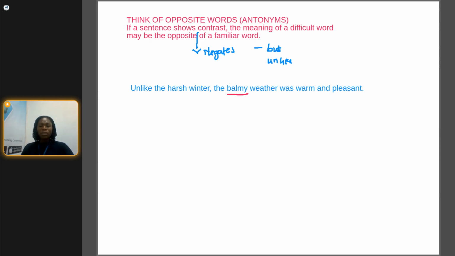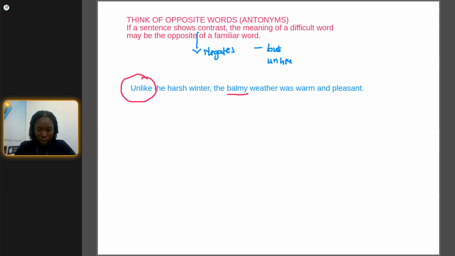You're wondering, which one is balmy again? Already, you can see your contrasting word: unlike.